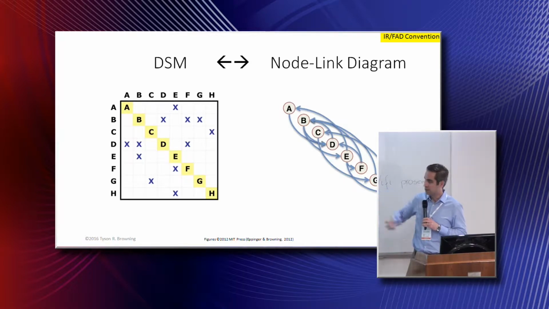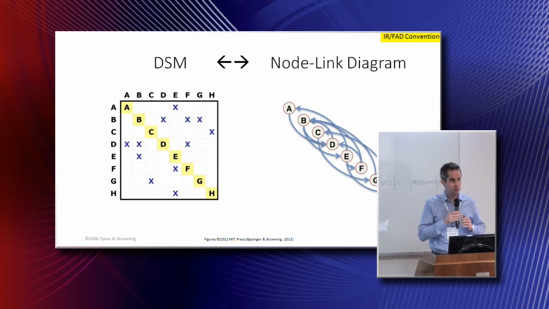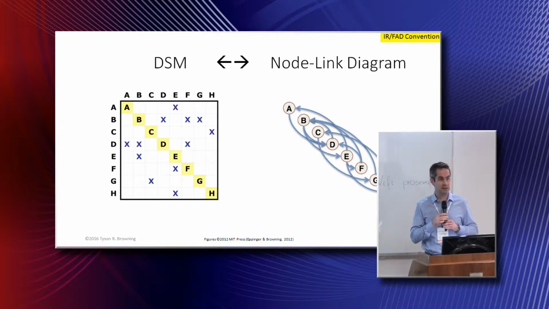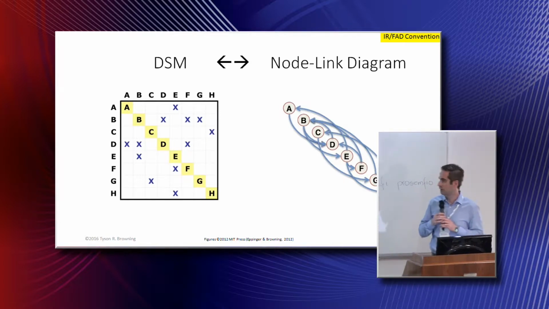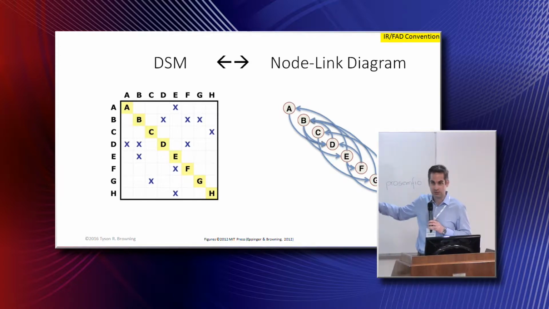But the DSM just has some visual advantages for seeing the system and also seeing patterns within the architecture. So that's some of the big benefits of DSM. Most of the analyses that we talk about, you can do in either representation. It's really math behind the scenes going on. But again, the matrix sometimes is helpful for seeing the result of that analysis in a clear way.